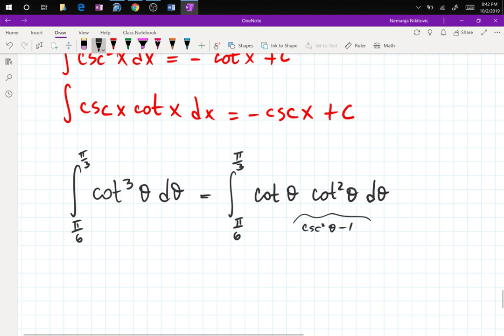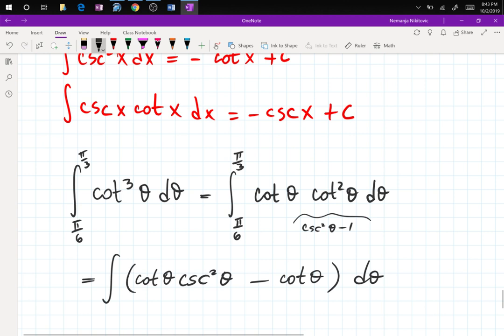And then you just write this integral, and if you don't like it, you can erase it. So you have the cotangent theta cosecant squared theta minus cotangent theta, everything d theta. And you now only worry about the first integral.